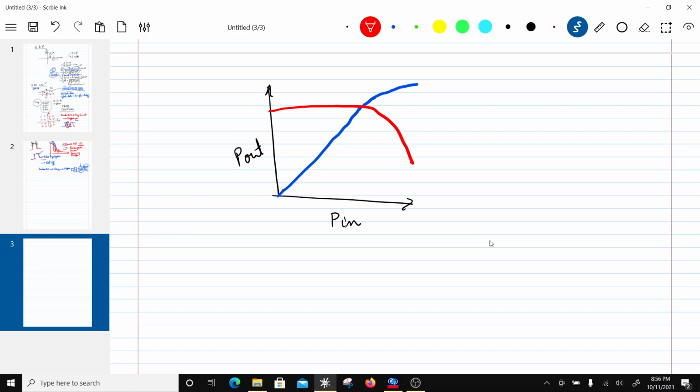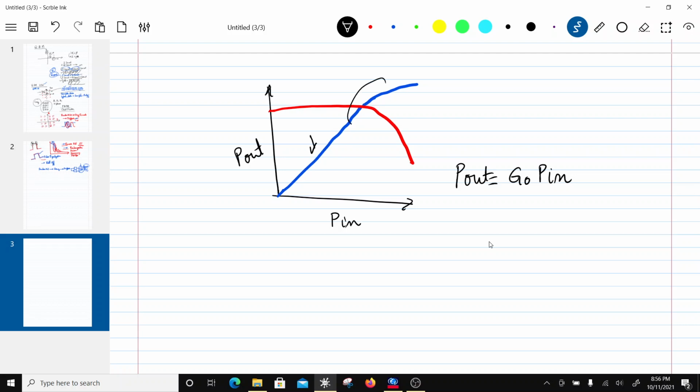So what's happening here is you can represent P out is equal to G0 times P in, in this region. P out is G0 times P in, so this is a linear response.